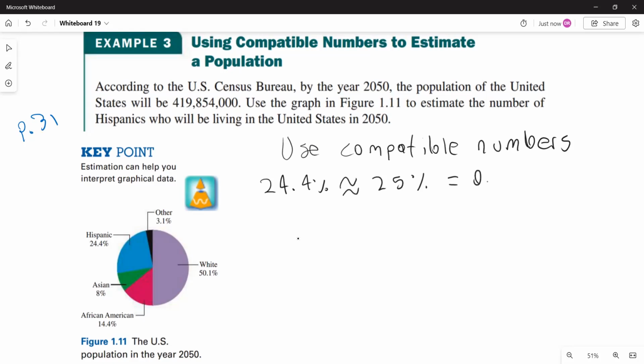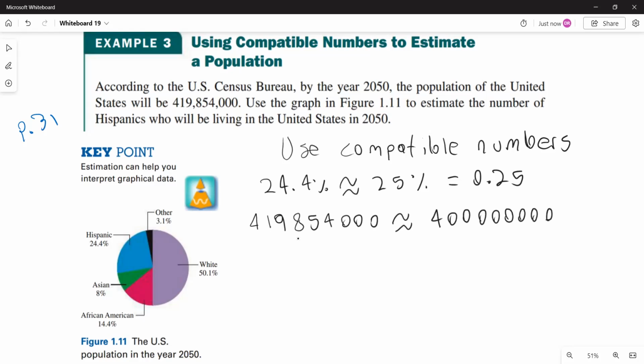As a decimal, that's 0.25. And 419,854,000, that's approximately 400 million. Okay, so the number of Hispanics who will be living in the United States in 2050 is going to be approximately 25% of 400 million.